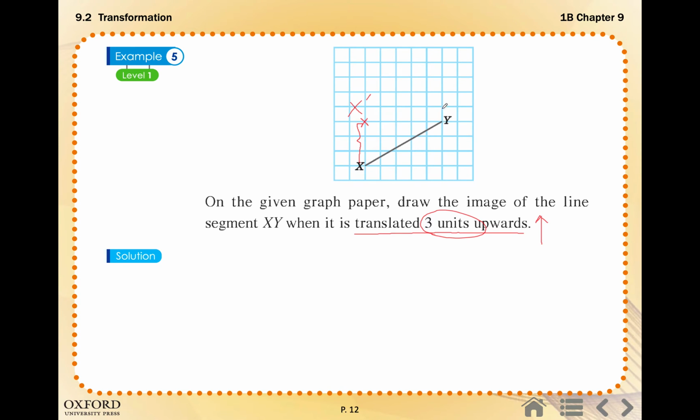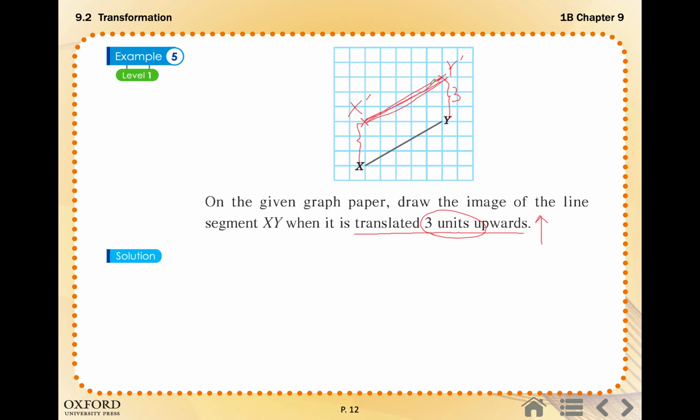Look at the endpoint of the line segment. Y moves up for 3 units. I also count 1, 2, 3, so 3 units. Finally, Y will be here. Then I mark the point as Y dash, and use a ruler to join these 2 points, X dash and Y dash.